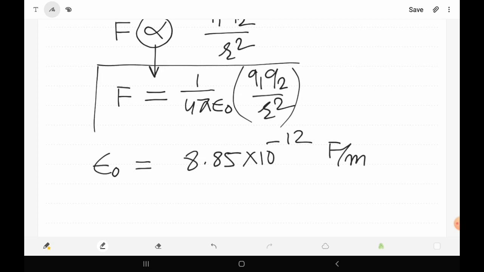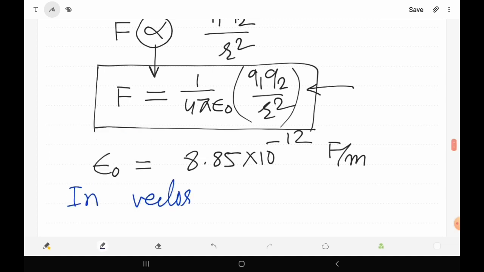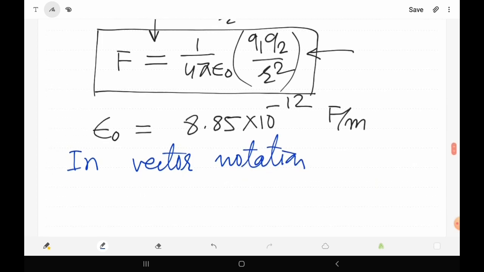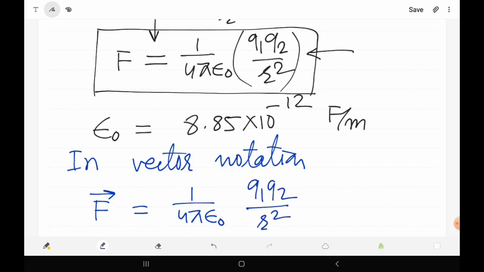But in this formula, force is a vector quantity, while each quantity on the right hand side is scalar. So we have to write this formula in vector form. In vector notation, we may write force F is equal to 1 upon 4 pi epsilon naught q1 q2 upon r square, and the entire quantity on the right hand side should be multiplied with a unit vector r cap.